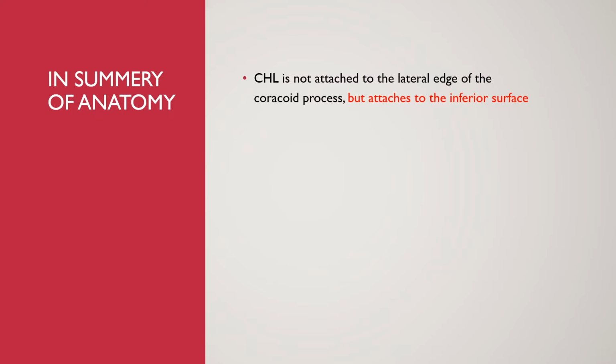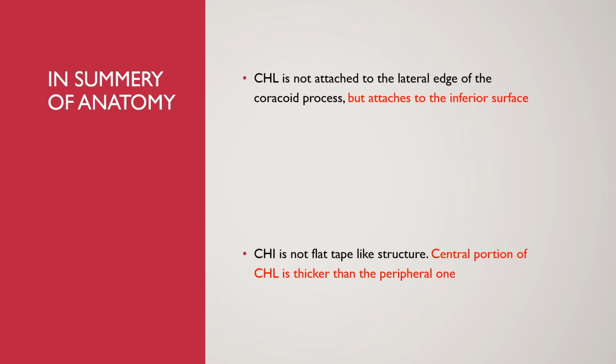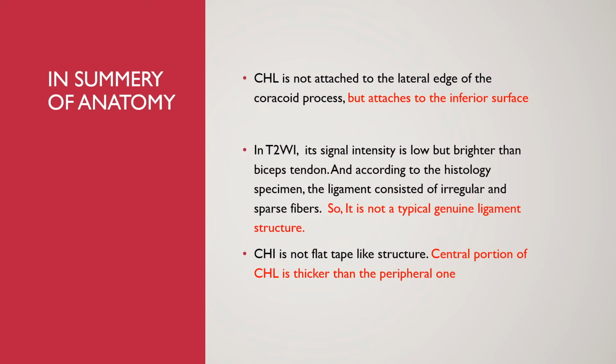In summary, the coracohumeral ligament is not attached to the lateral edge of the coracoid process but attached to the inferior surface. Coracohumeral ligament is not a flat tape-like structure. The central portion is thicker than the peripheral one. In T2 weighted image, its signal intensity is low but brighter than the biceps tendon.